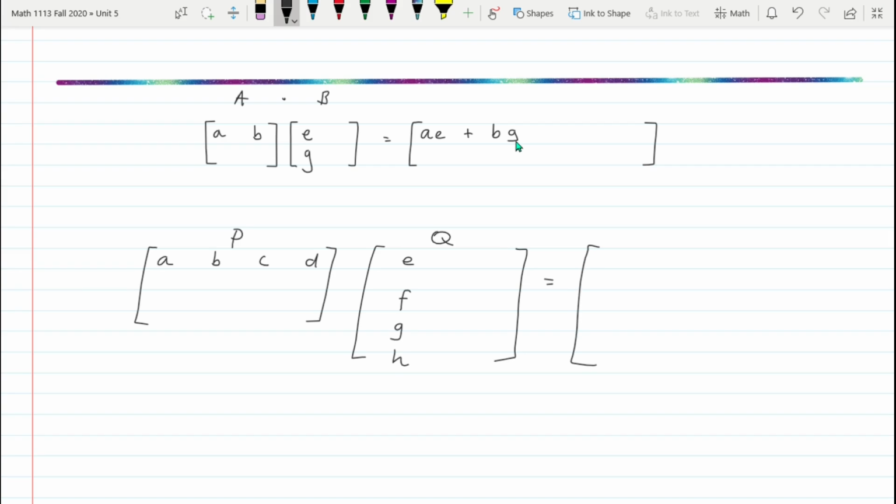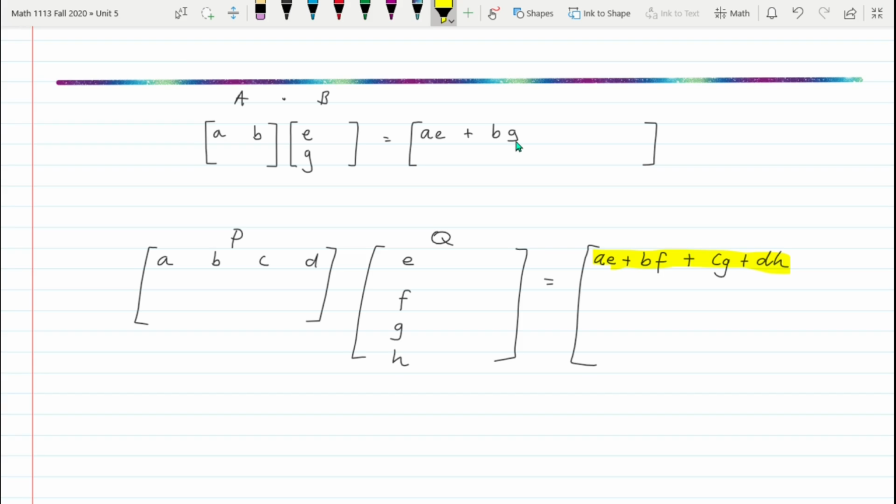So this would be AE plus BF plus CG plus DH. And this right here simplifies to a single number, right? So that right there becomes the first element, 1, 1, in the product of PQ. Okay?